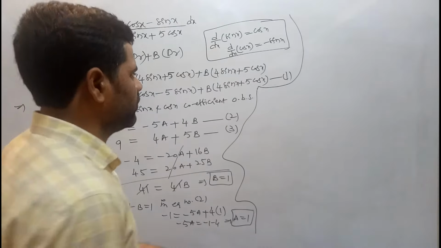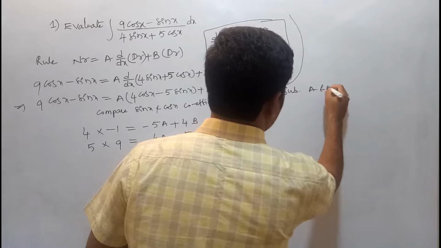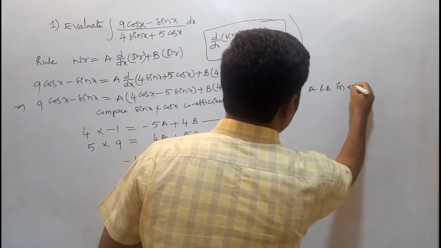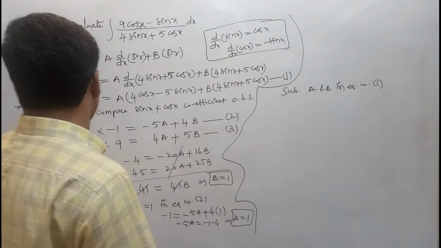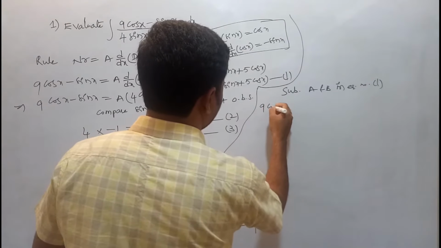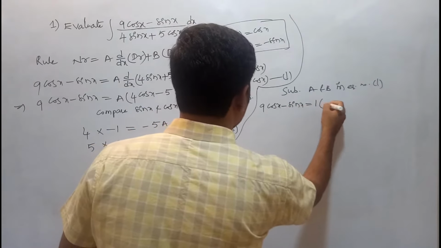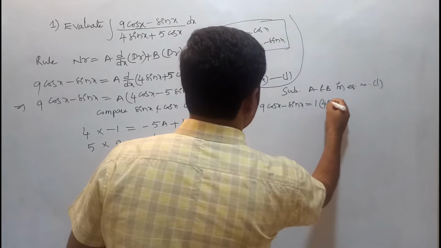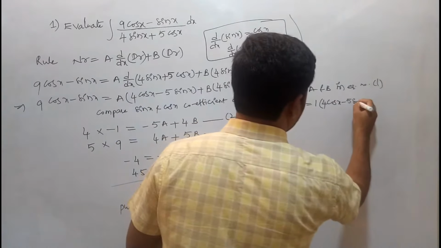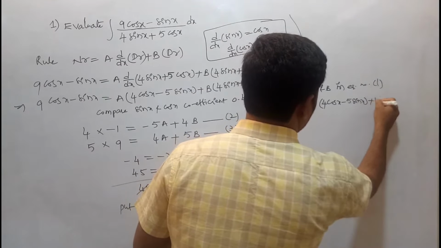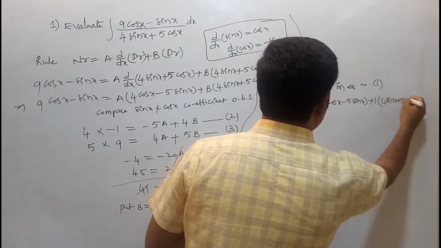Substitute a and b in equation number 1. 9 cos x minus sin x is equal to 1 times (4 cos x minus 5 sin x) plus 1 times (4 sin x plus 5 cos x).